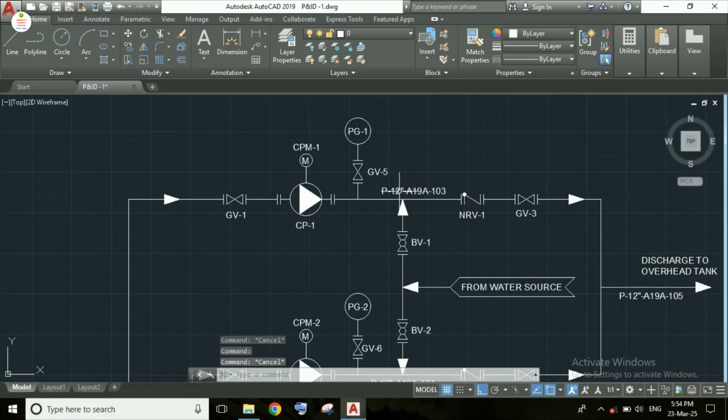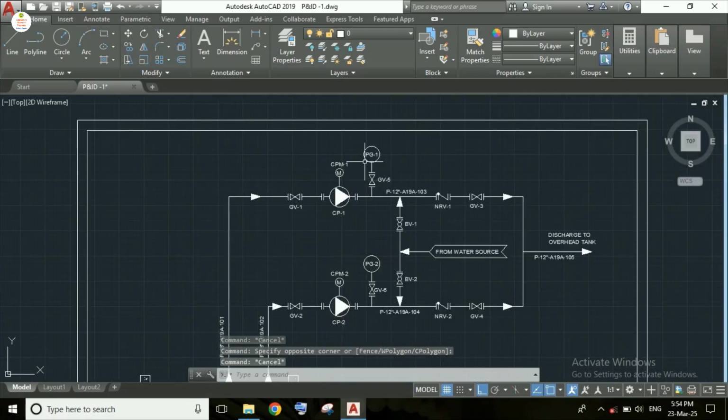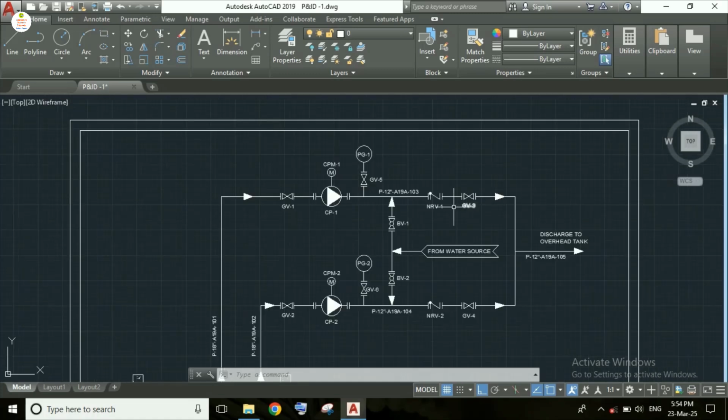On this discharge line we have used pressure gauge PG1, which helps to indicate the pressure at the discharge line. Further on this line we have used an NRV, which prevents the backflow of the liquid from the overhead tank and allows only one directional flow.